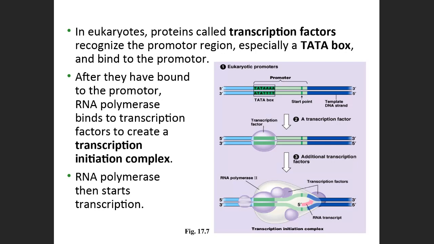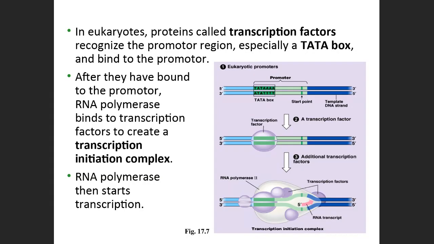The TATA box is what we call the sequence in the beginning of the promoter: a bunch of A's and T's, and they just call it the TATA box for short. So that's part of the promoter. That's where transcription factors combine to enhance the binding of the RNA polymerase to the promoter.